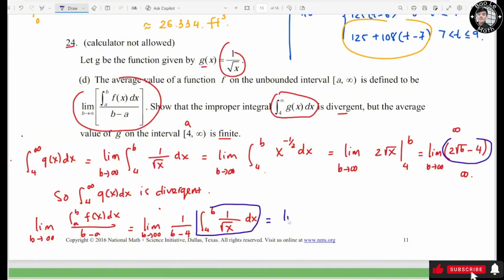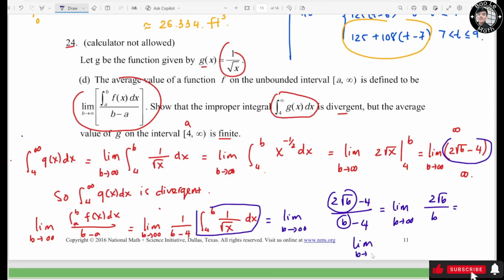So it could be the limit as b approaches infinity of (2 square root of b minus 4) over (b minus 4), right? All right, so when b approaches infinity, this guy right here grows faster than this guy, right? So it's going to be the limit as b approaches infinity of 2 square root of b over b, right? Now we're going to simplify this one, so it could be the limit as b approaches infinity of 2 over square root of b, right? When b approaches infinity, this guy approaches 0, right? So this one is finite.